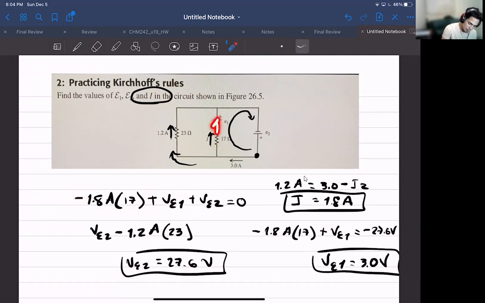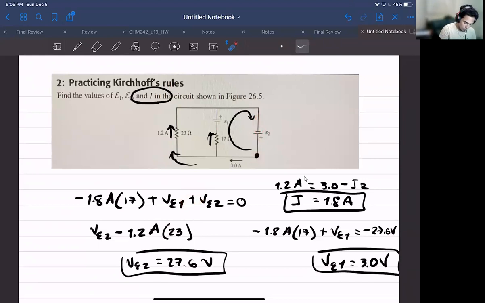Then I encounter E1 or V1, going from low to high potential, so I need to add it. Then if I encounter E2, V2, it's also going to be a sum, because you're going from a lower to a higher potential. Now you get to a point and it has to be equal to 0.